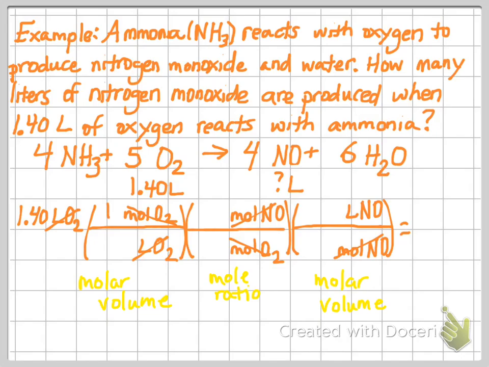In front of moles is 1, and in front of liters is 22.4. Mole ratio, again, we get our numbers for our mole ratio from the coefficients of our balanced equation. So in front of moles of nitrogen monoxide, I'm going to put a 4 because that's my coefficient. And in front of moles of oxygen, I'm going to put a 5 because that's my coefficient.